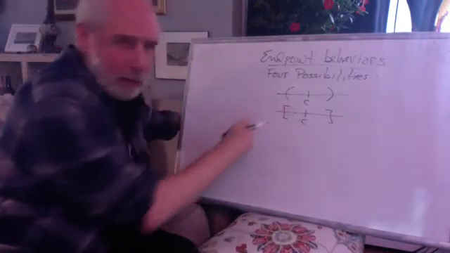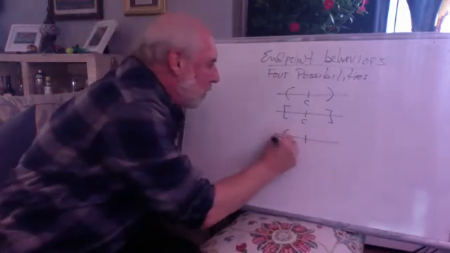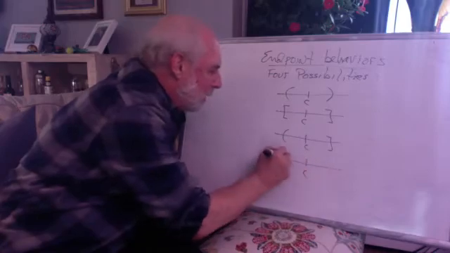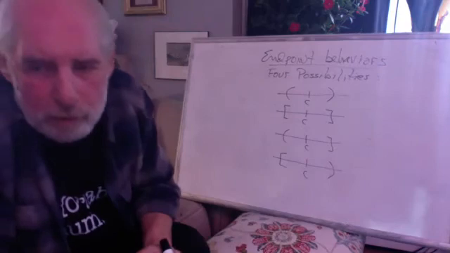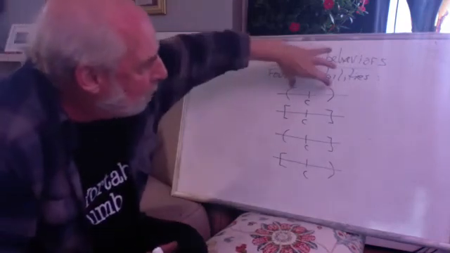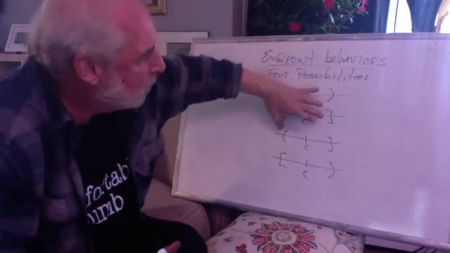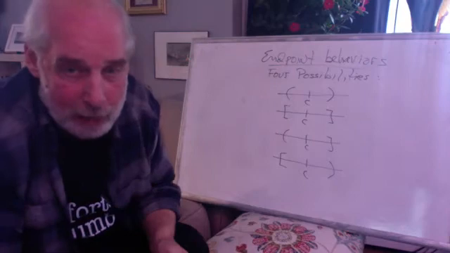Square brackets means you can include that number. You can diverge at one, converge at the other. So your endpoint behaviors are always going to look like one of those. Diverge at both endpoints, converge at both endpoints, diverge at one, converge at the other. Those are the only things that can happen.